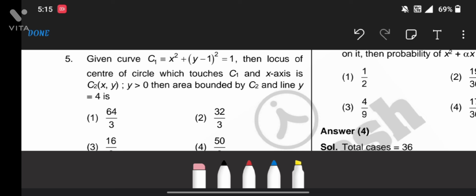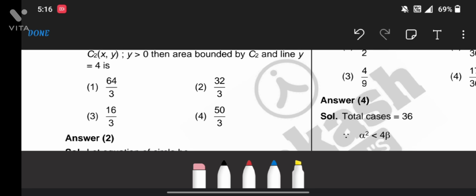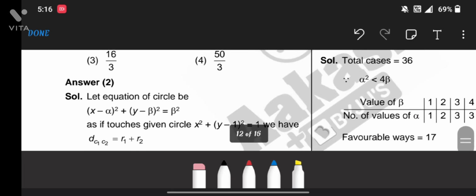So therefore it is 2 into 16 minus 64 by 12, which is 32 by 3 coming down, so 2 into 16 minus 32 by 3.